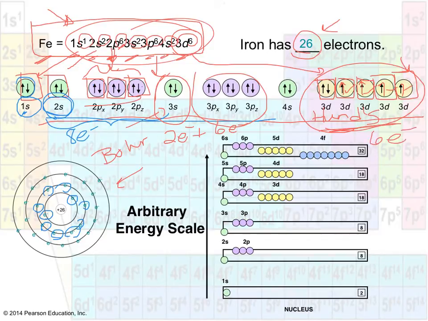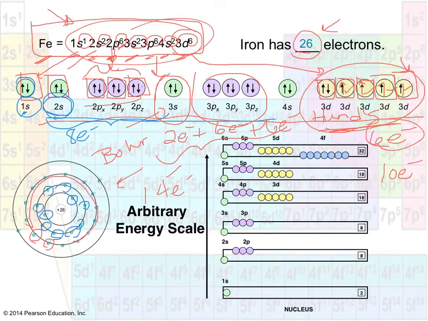Even though the d sublevel can hold 10 electrons, it doesn't have to. Okay, in this case, there are only 6 electrons to go into it. So the third energy level for iron holds a total of 14 electrons. So you would then begin to draw 14 electrons. So if you count all these up, you would get 14.